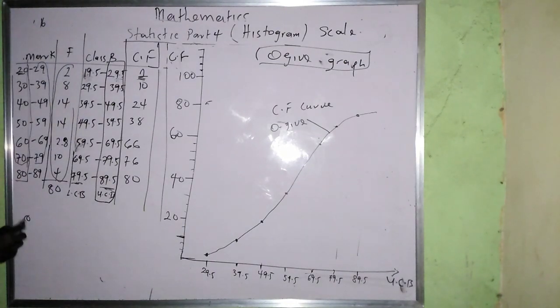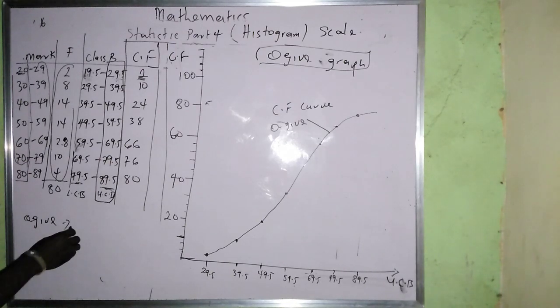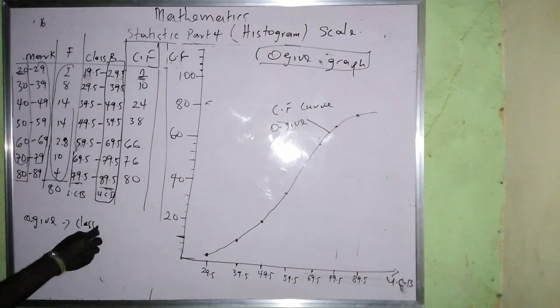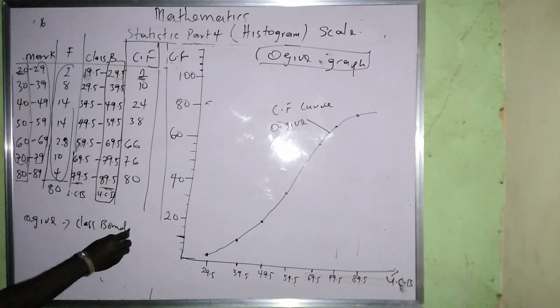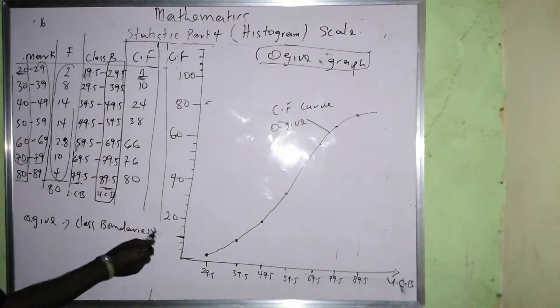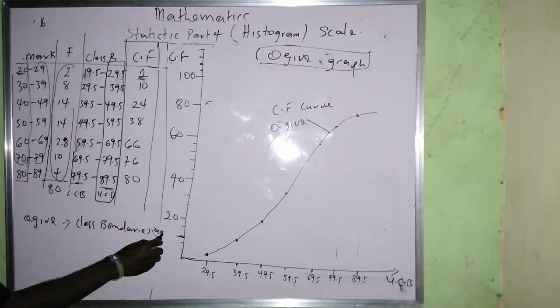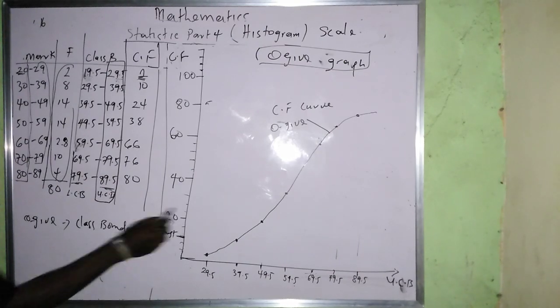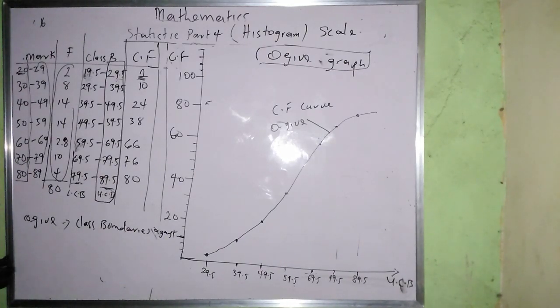Now, my OGIF curve is achieved by class boundary against cumulative frequency.